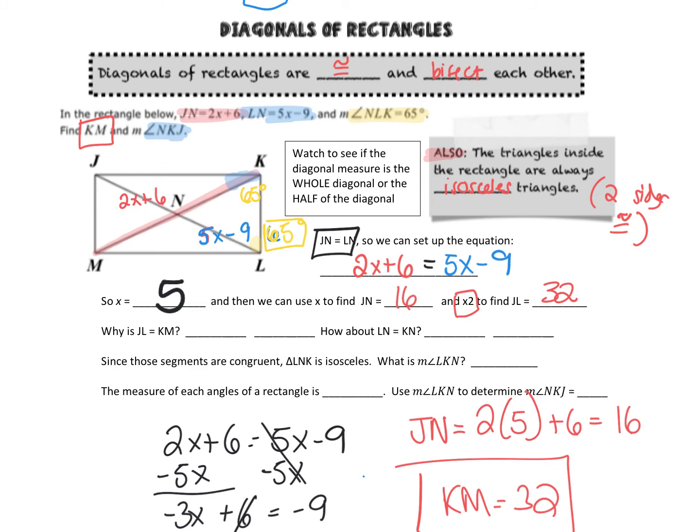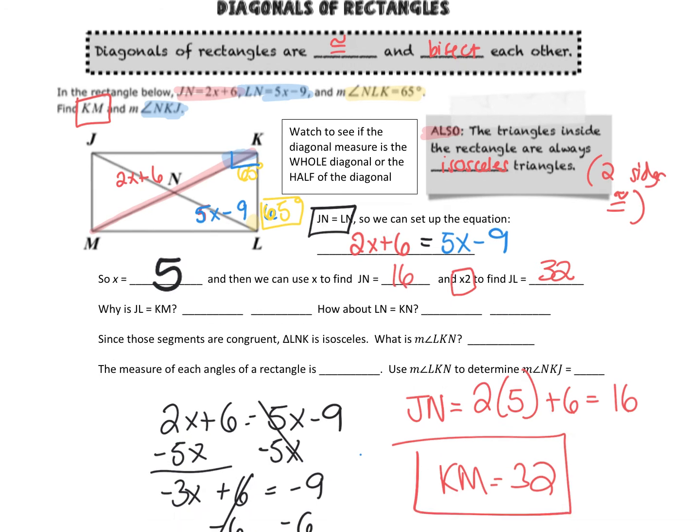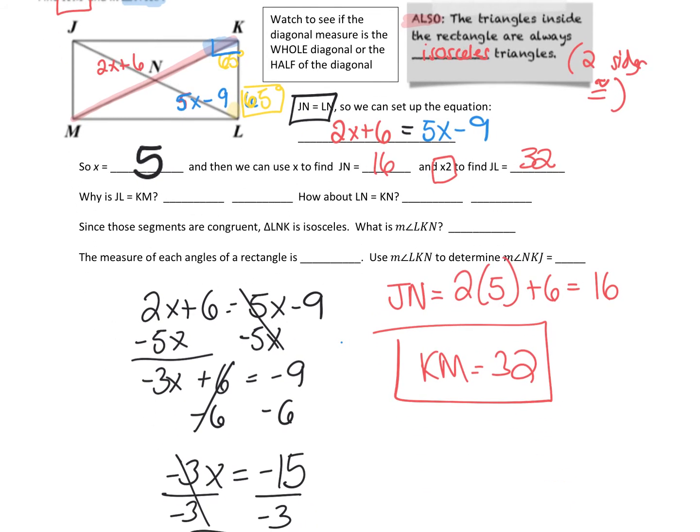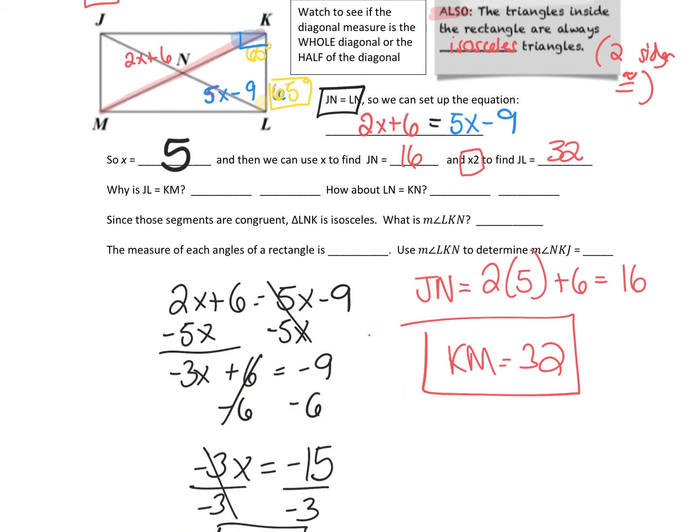Then, from there, all angles in a rectangle are 90 degrees. So if I want to find that little blue angle that we call angle NKJ, then I am going to take 90 degrees and subtract 65 from that.